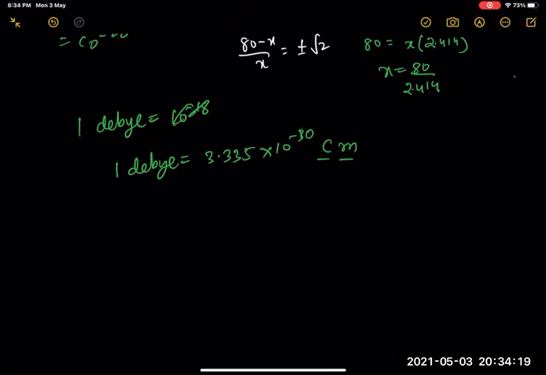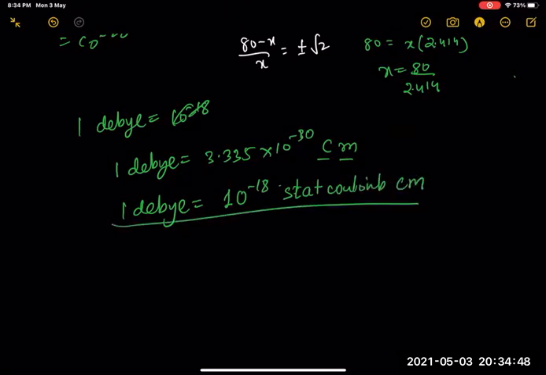So now our dipole, in this question, has 1 stat coulomb centimeter. It is also equal to 1 dBi is also equal to 10 power minus 18 stat coulomb cm.